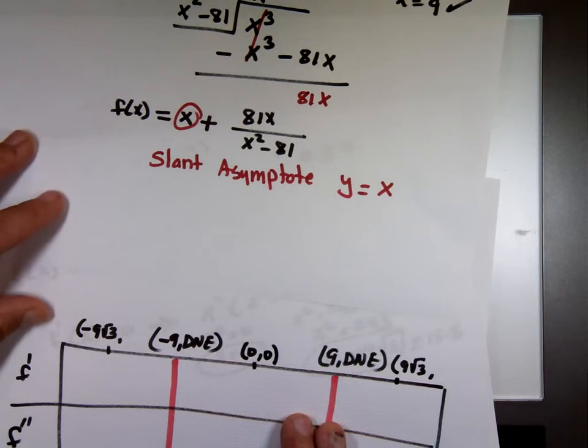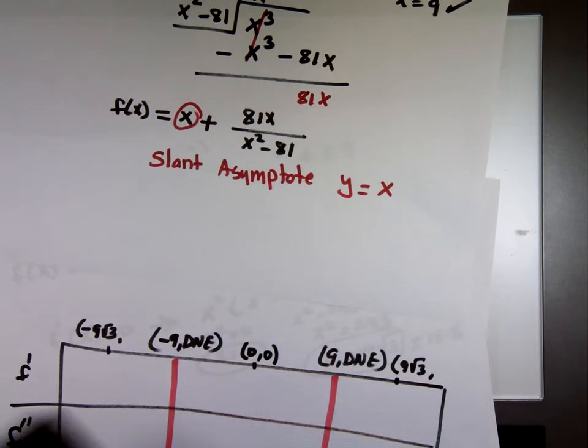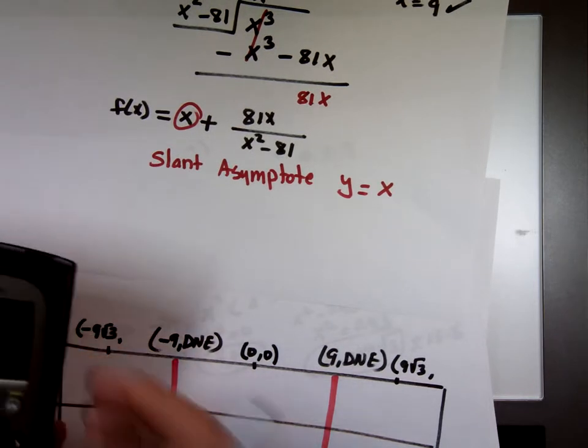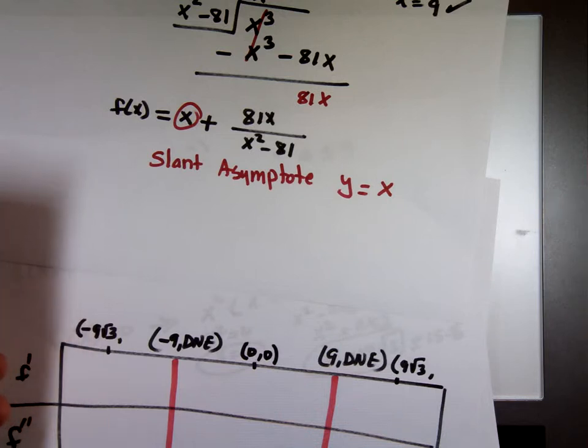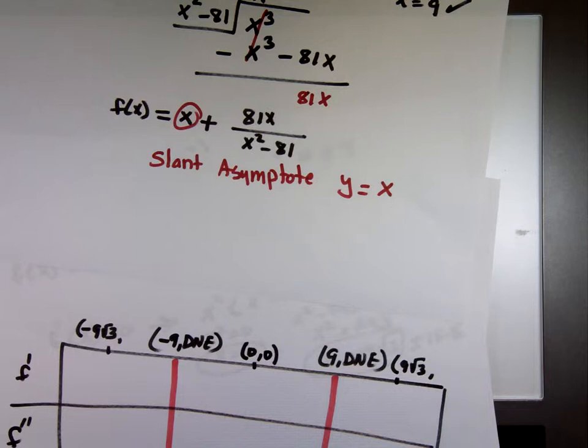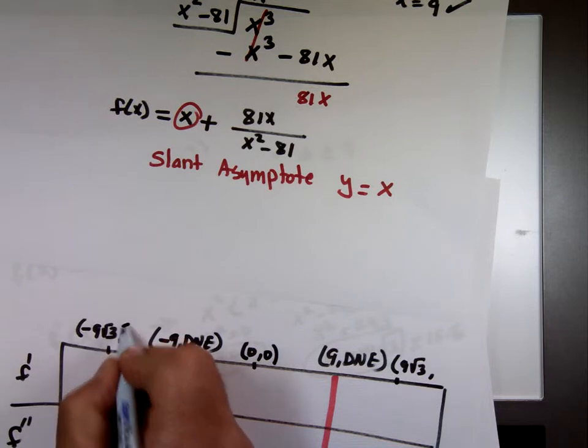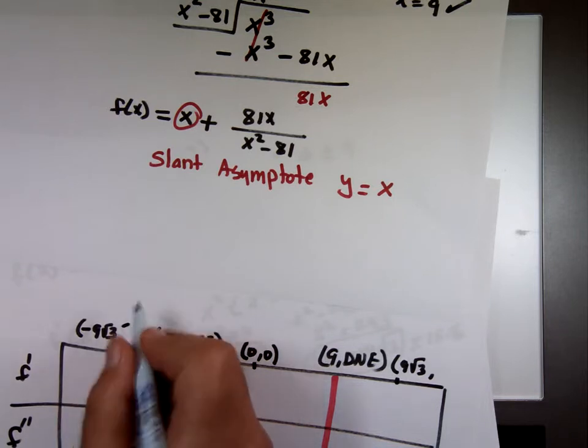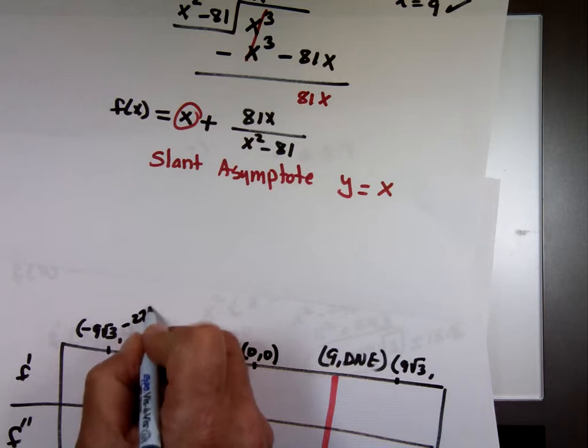Just put it in the exact mode. That's just the software I have here. I get a negative 27 square root of 3 over 2.